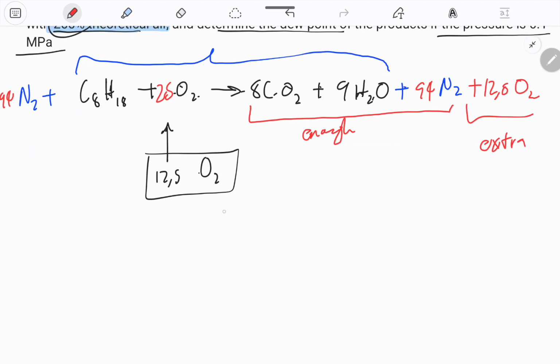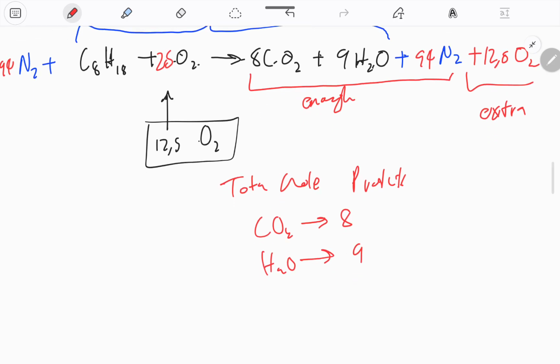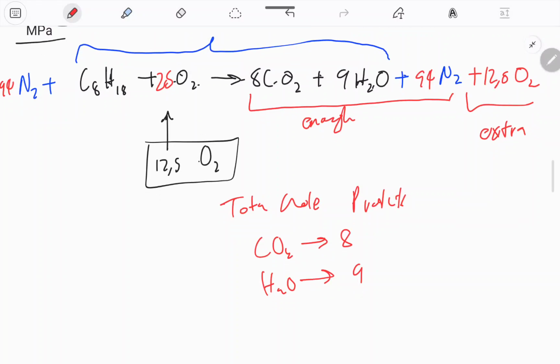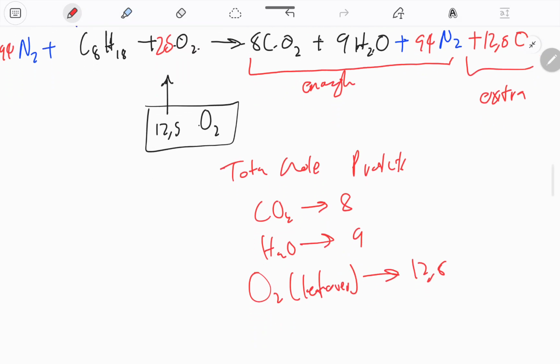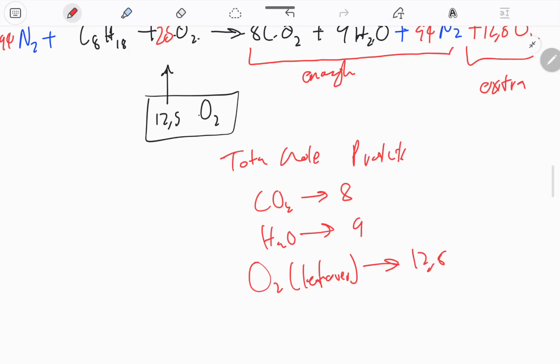So let's try to find the total number of moles in the product. We're going to have carbon dioxide in the product that will give us 8 moles. We're going to have water, which gives us 9 moles, and we're going to have the leftover or excess oxygen, which is 12.5. And then we're going to have nitrogen, which we said is 94 moles.